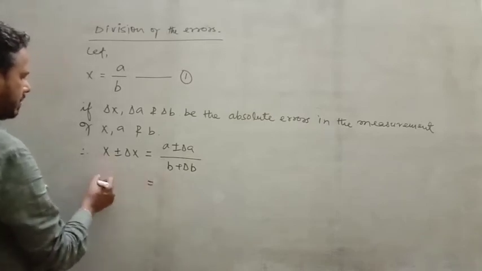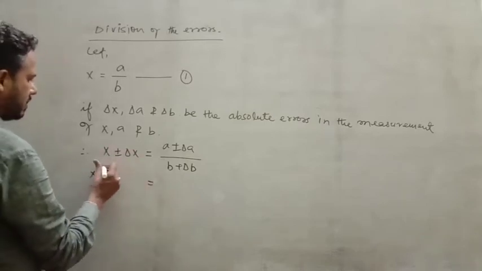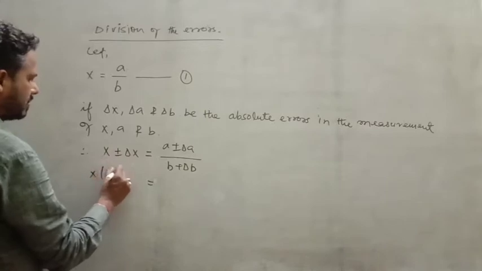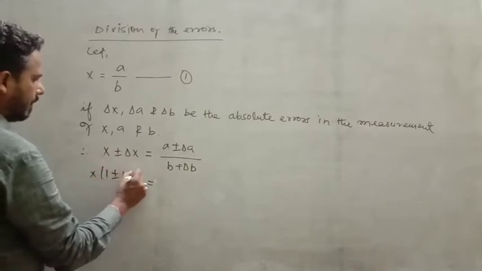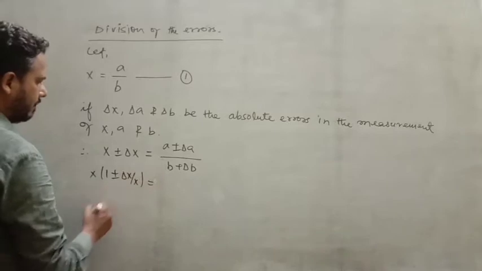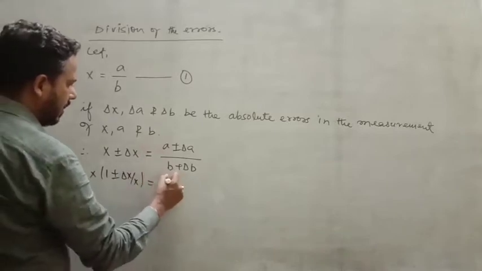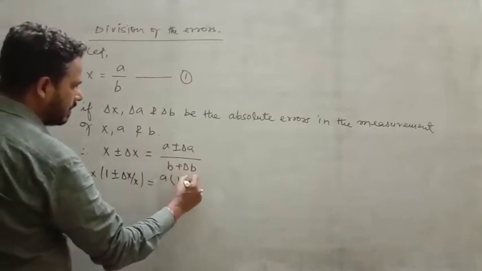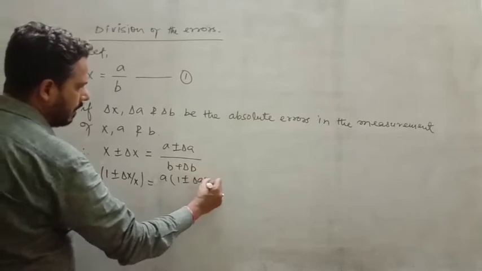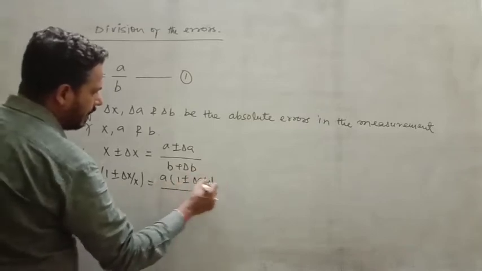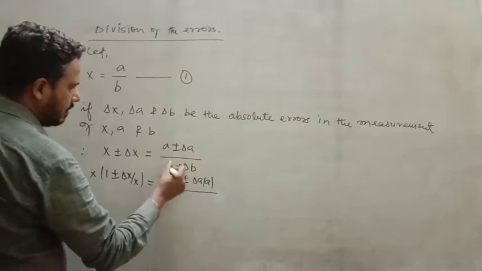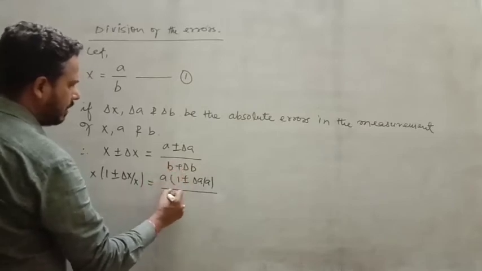Very simple, you just take x outside from this factor, so you will get x times 1 plus minus delta x by x. Now from here take a outside, so 1 plus minus delta a by a, and in the same manner take b outside, so you will get b times 1 plus minus delta b by b. Now what you are seeing is that a by b from equation 1 is x, so you just cancel this, a by b by x.